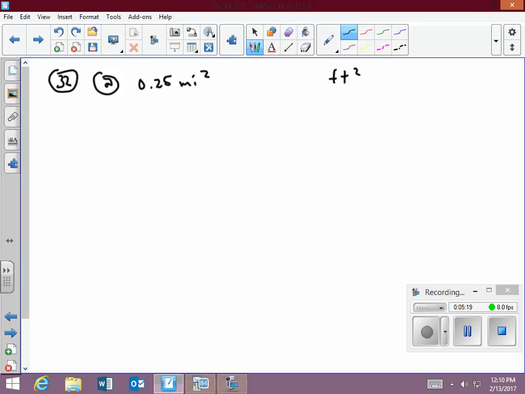So what are you gonna do? Convert the mile to feet. So it's 5,280 feet squared in 1 mile squared, right?